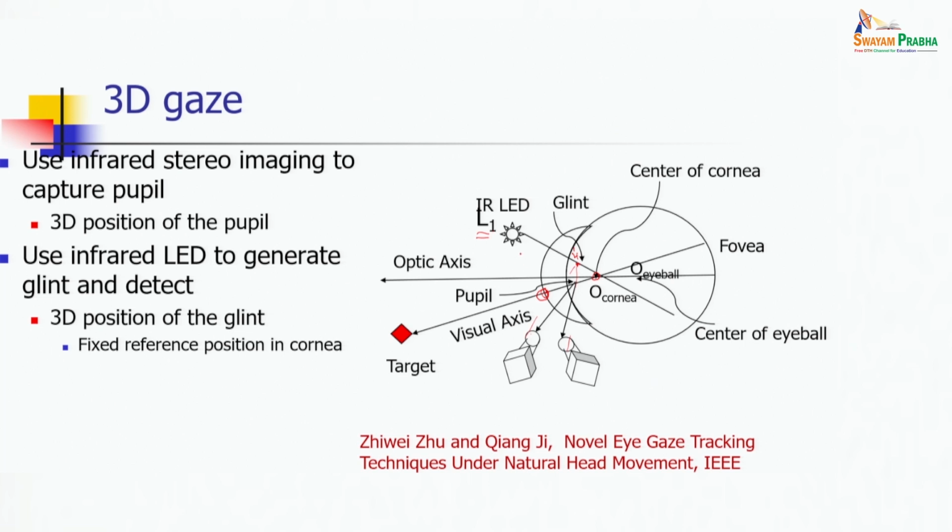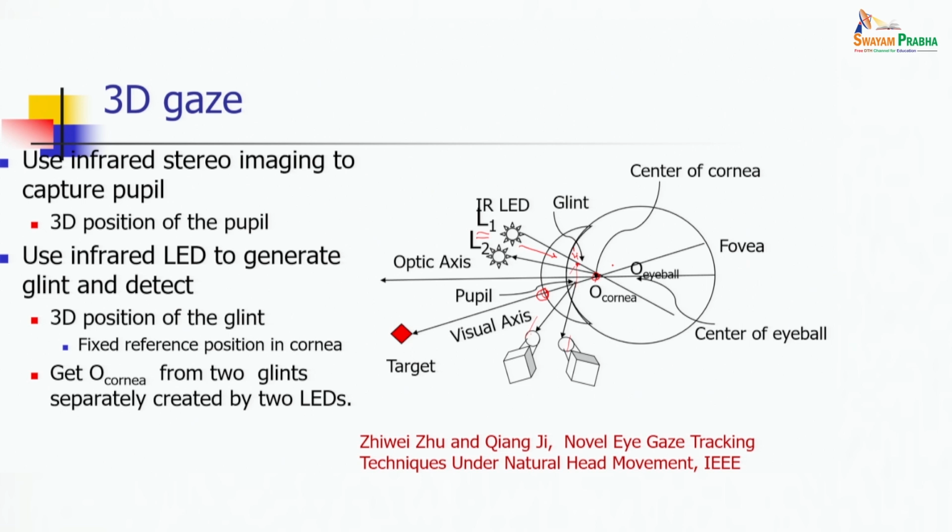So, it defines a particular ray, and since it goes undeviated, it hits the center of the cornea. If I use another LED setup, I will similarly get another image point L2 prime, and this will give another straight line, because if you know its reference L2, that will form another line. If I use the intersection of these two lines, they will give me the estimate of the cornea.